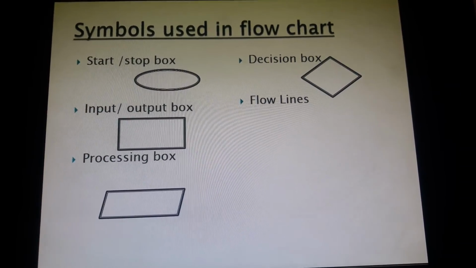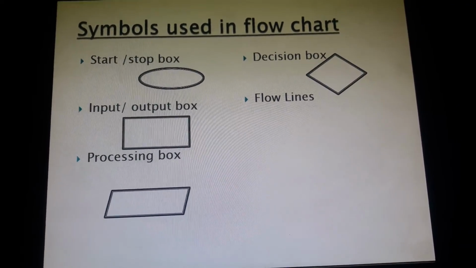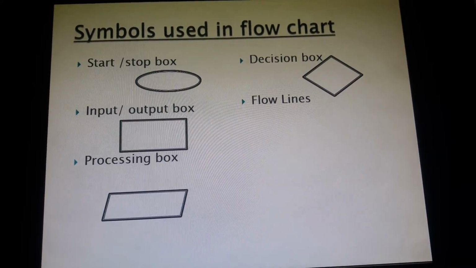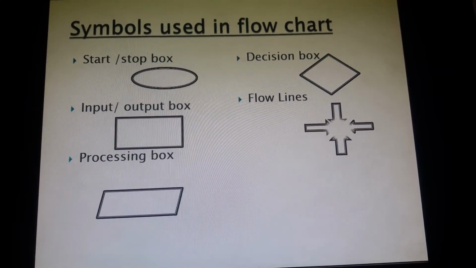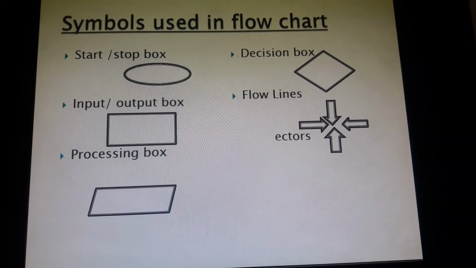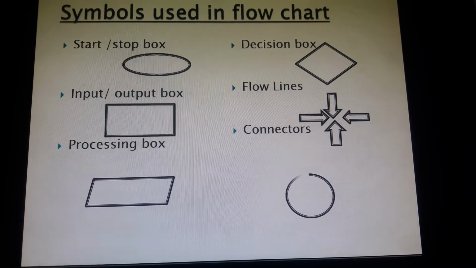Next, flow lines. When you create a flow chart, you have to join these shapes, and to join these shapes you will use flow lines. Four flow lines are there: top, bottom, left, right. Then last, connector. The connector is a circle.